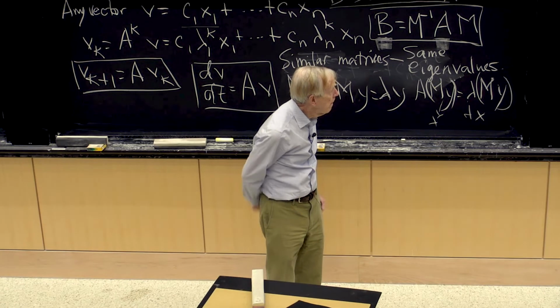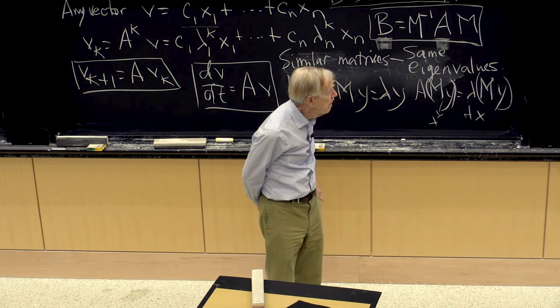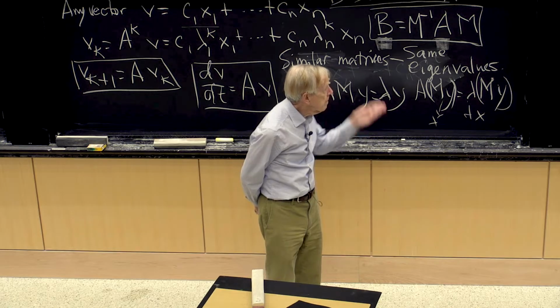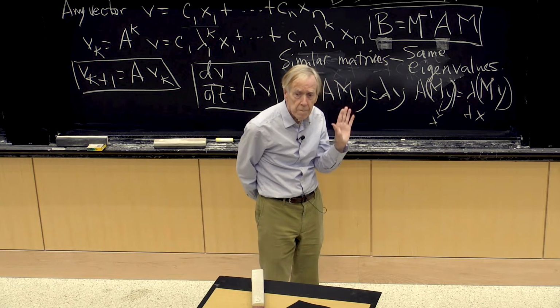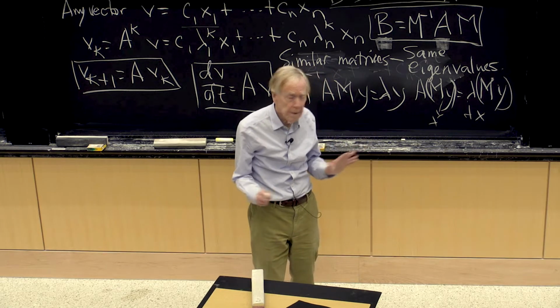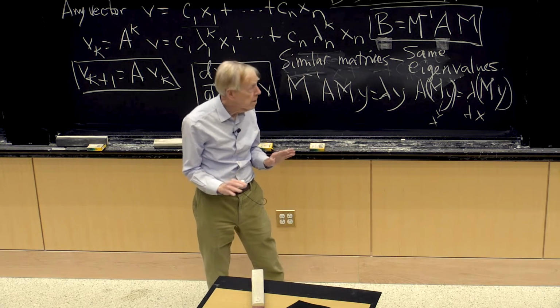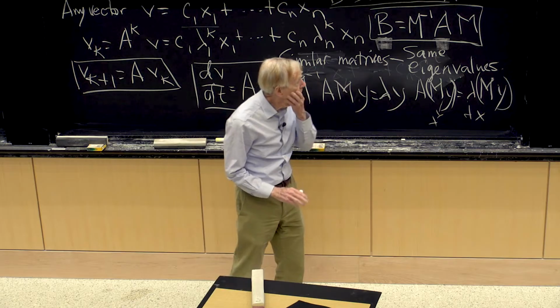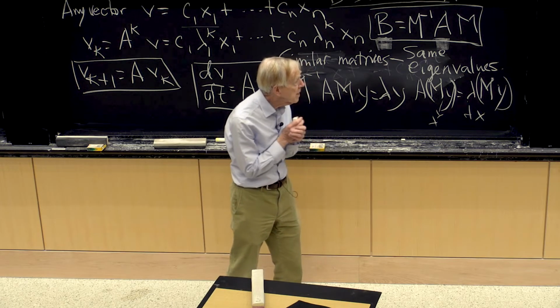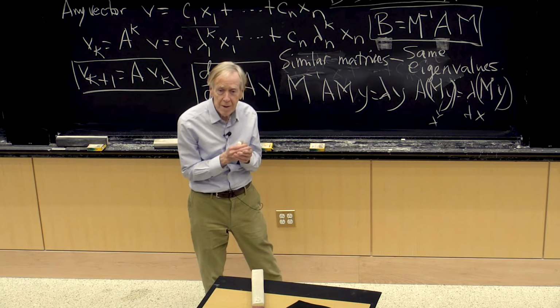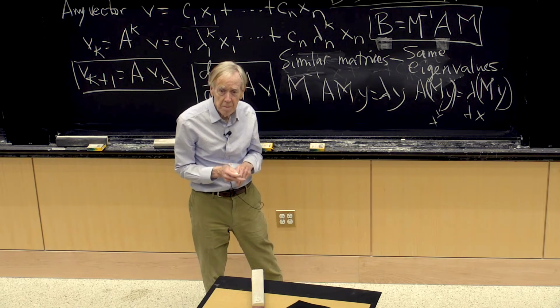Now, could we see why? And then I'm going to be really pretty happy with basic facts about eigenvalues. So if I want to show that two things have the same eigenvalues, what do you propose?